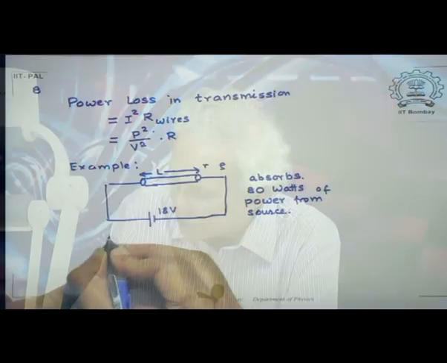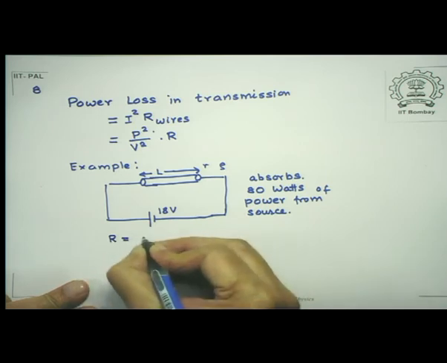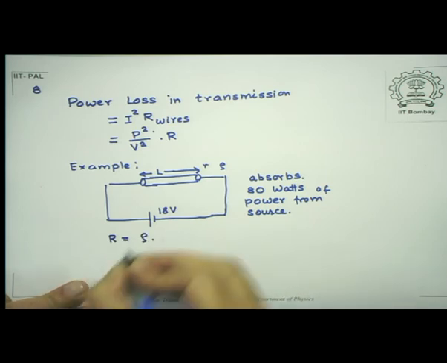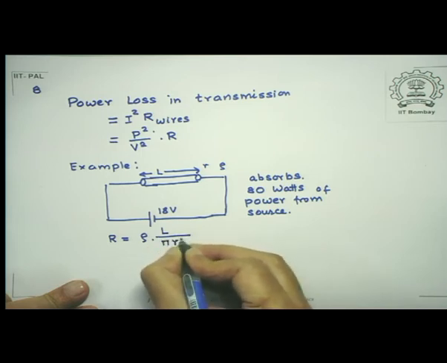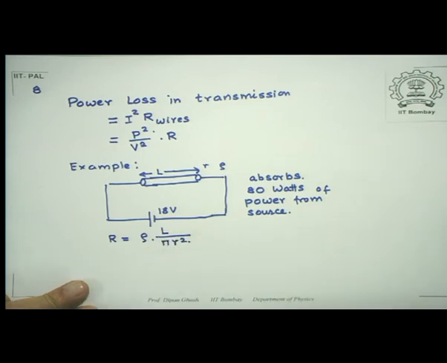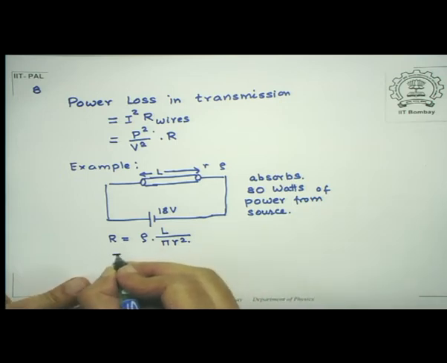This is the question. Let's first write down what the resistance is like. So resistance, as you know, is rho times the length L divided by pi r square. The current, as we know, is V by R.